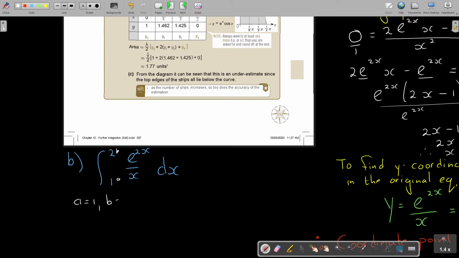The value of B is 2. And the value of N, how many intervals were there? 2. So therefore, remember to get h, it's B minus A over N. And that will be 2 minus 1 over N. And what is N? That is 2. So that is going to be a half.